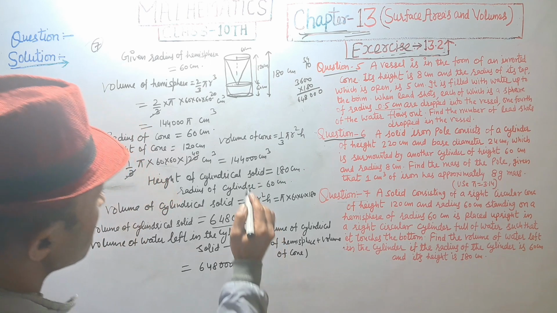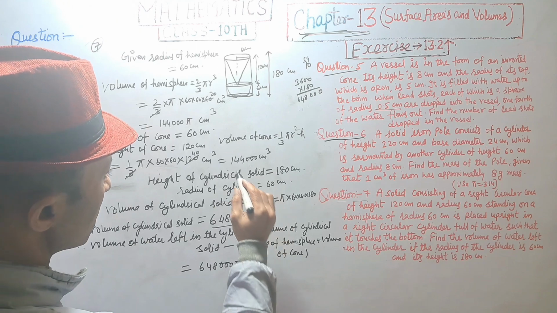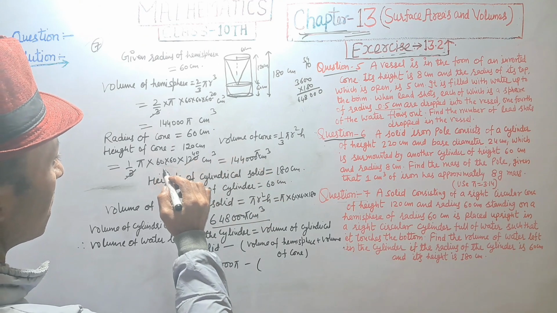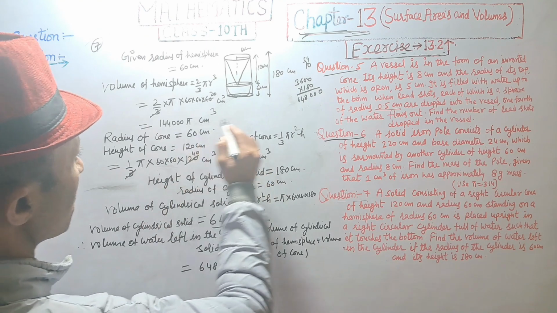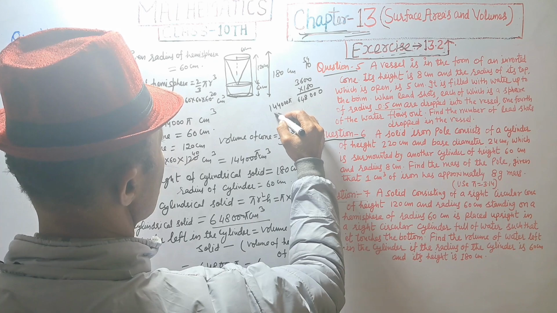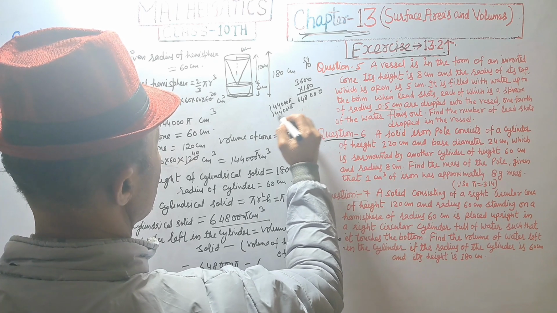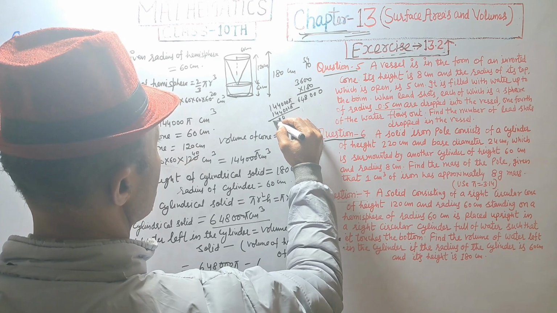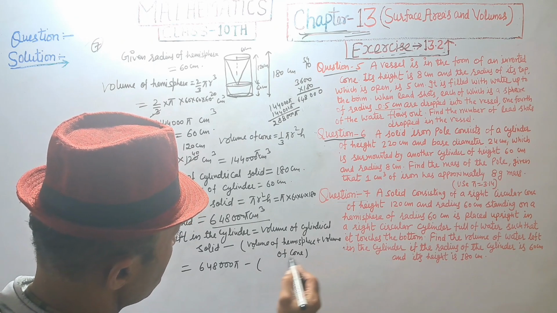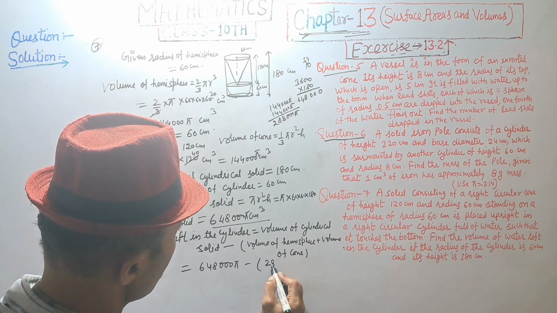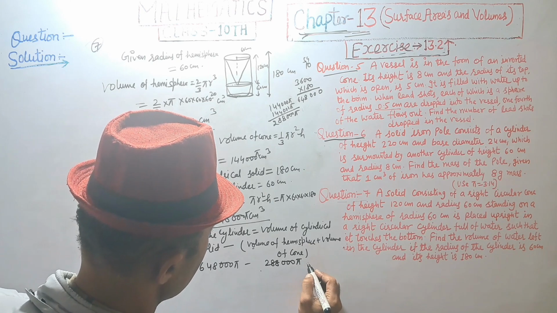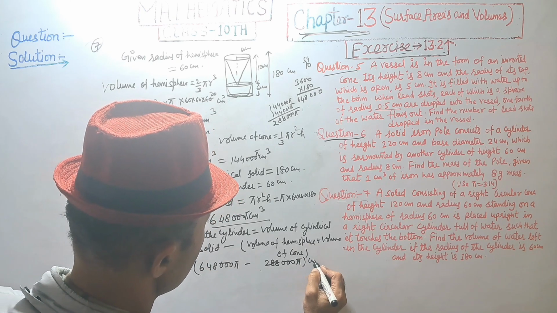Volume of hemisphere plus volume of cone is equal to 144,000 pi plus 144,000 pi, that is equal to 288,000 pi centimeter cube.